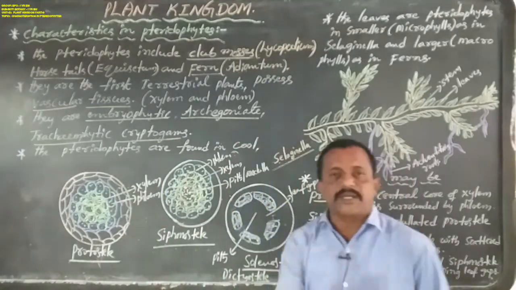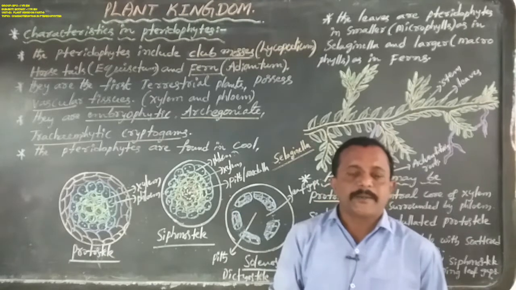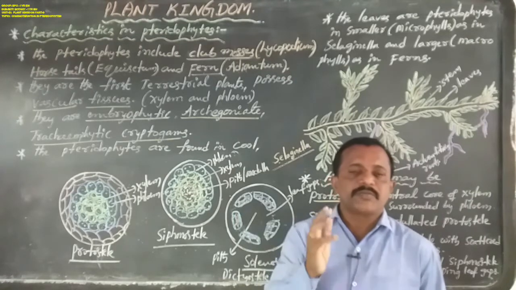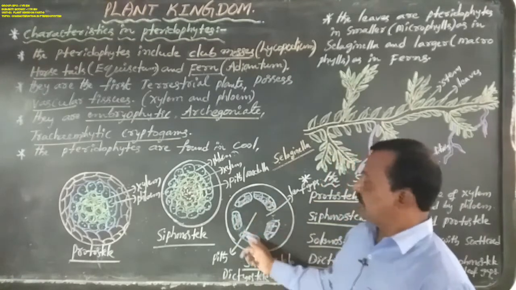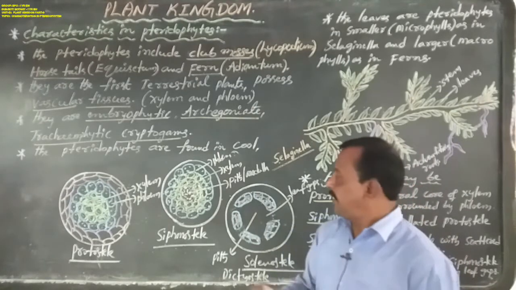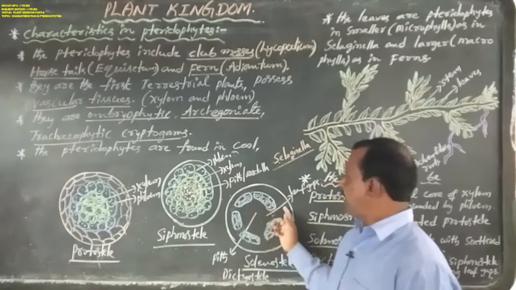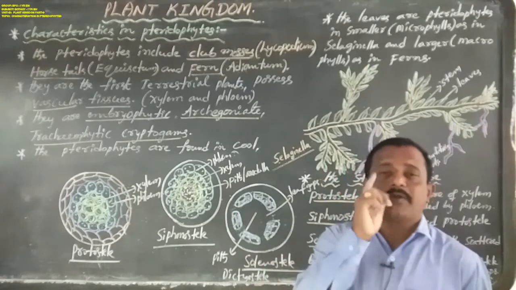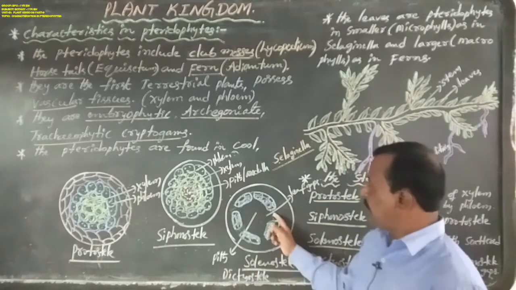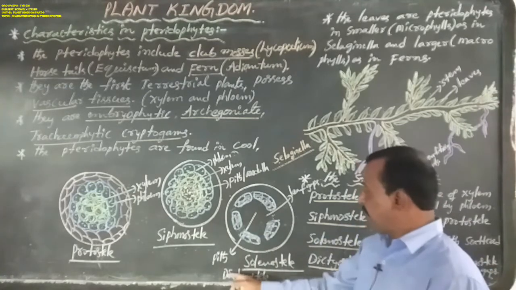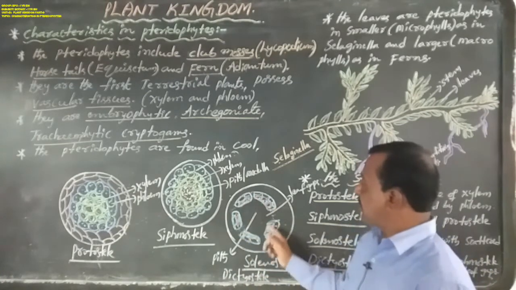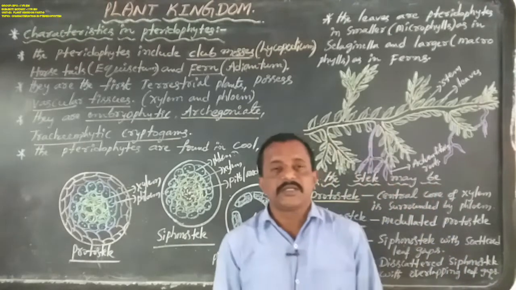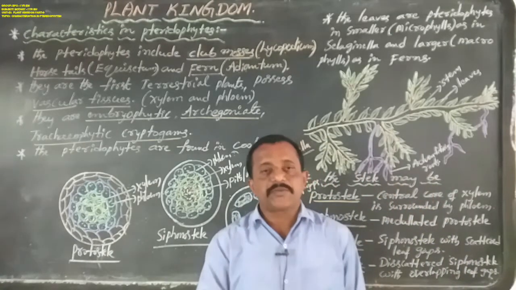Solenostele shows only one larger leaf gap, but dictyostele shows several smaller leaf gaps. That is dictyostele.